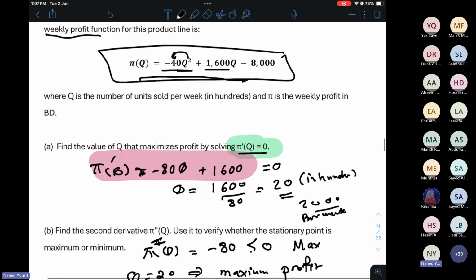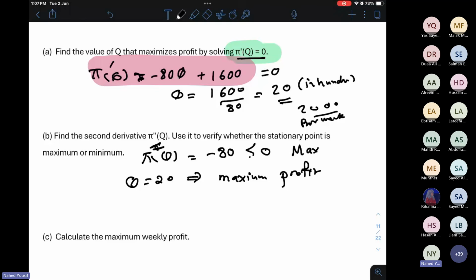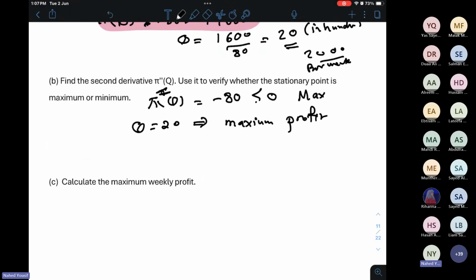We have to substitute it in the original function. So go back to the original; do not mess up. Instead of q here, we substitute our 20.